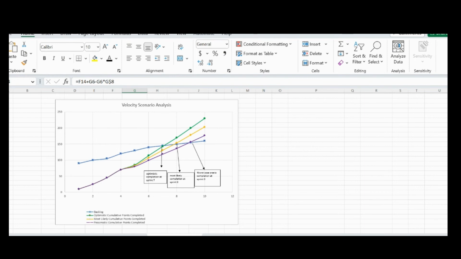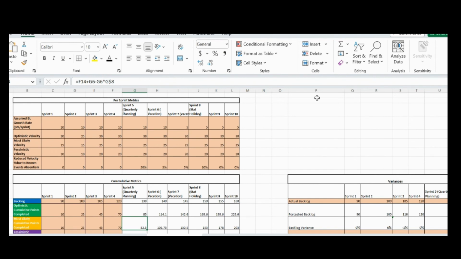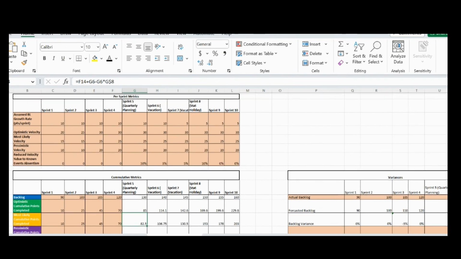Now, how do we populate the tables? Again, here, your top table includes information that you input, so you may have wanted to change your velocities based on what they were before.